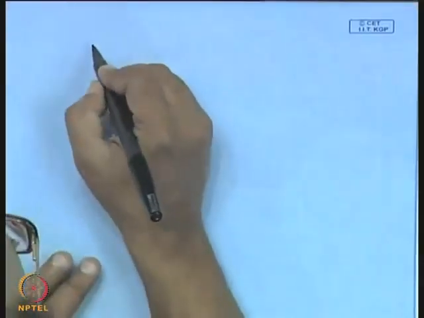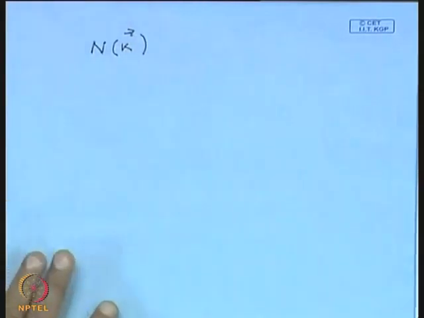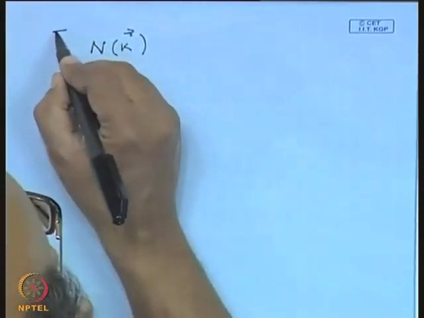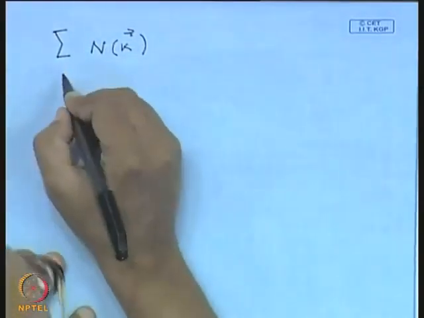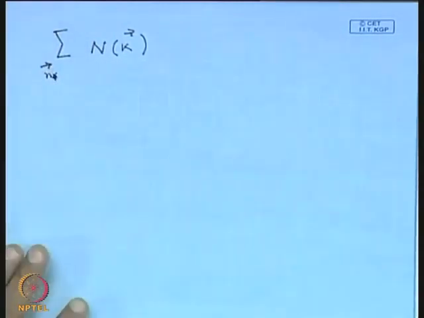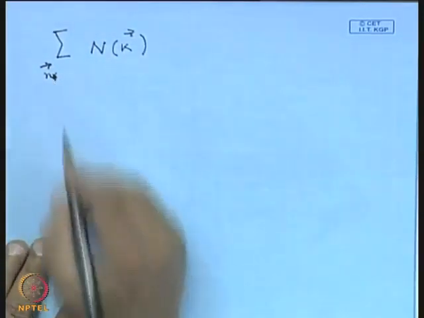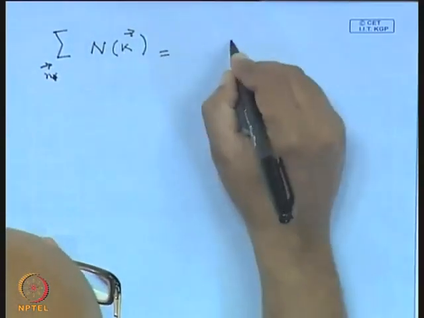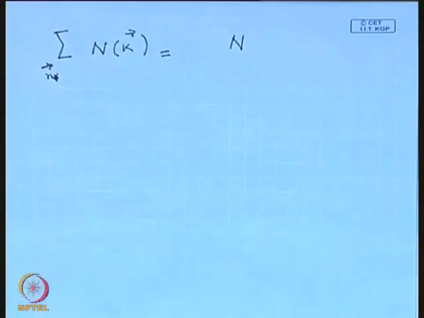The occupation number n_k, or n_p, if I sum this over all modes, where the modes are discrete and labeled by a set of integers nx, ny, nz, so each k is labeled by a set of integers, and I sum over all these integers, this should give me the total number of particles in my box.